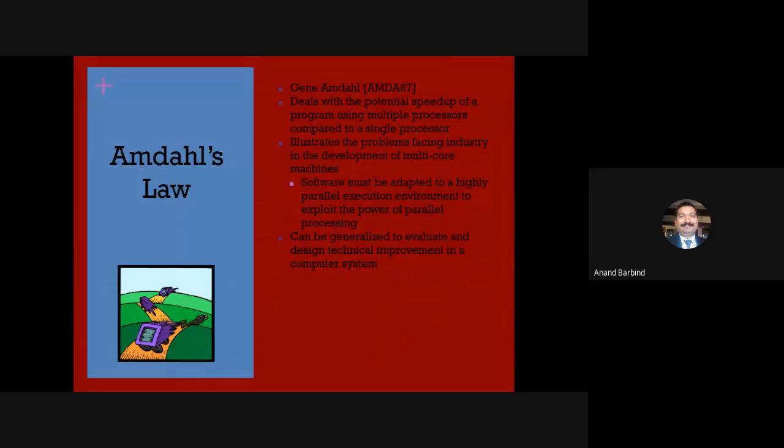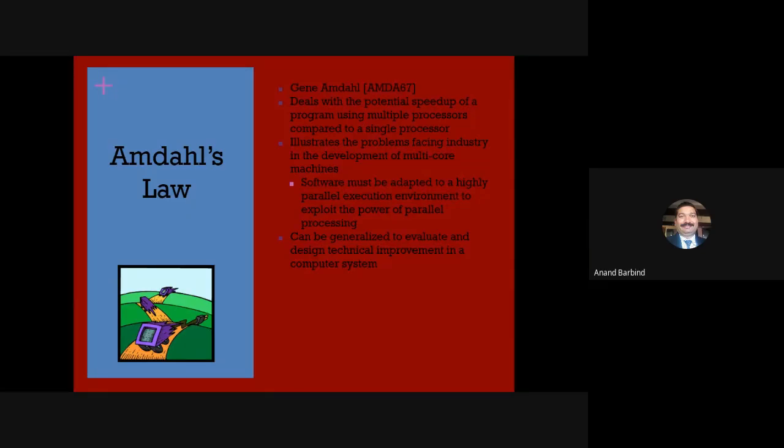Okay, so if you want to increase the execution speed of your program, what can you do? If the program is being executed by a single processor, then you can employ more than one processor. For example, you may know that now the CPU comes with multiple cores.